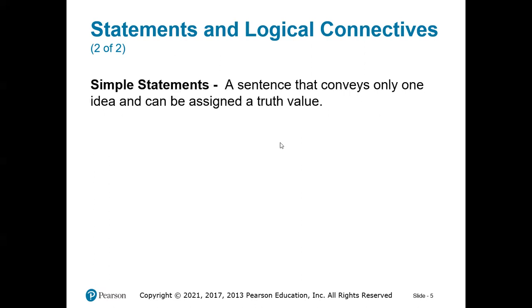When you have just one statement, like the one I used before, Florida is a state in the United States of America, this is just one simple statement, just one sentence. But sometimes I can have what's called a compound statement, more than one statement. For example: Florida is a state in the United States of America and I live in Texas. Here the whole thing can be either true or false.